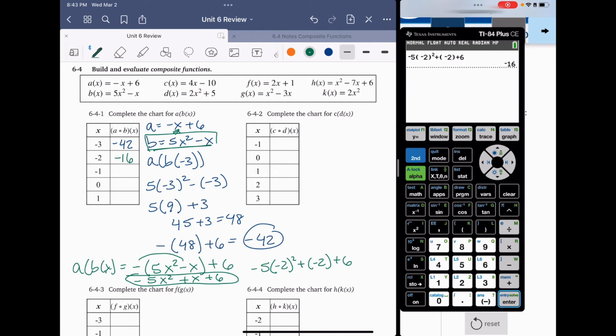The nice thing about the calculator is that we can reuse our work. If we hit up, and then hit up again, it will highlight our equation. We hit enter, and it re-enters it so we can edit it. We scroll over, and where we had negative 2, I'm going to highlight the negative sign and delete it so there's no more negative, and then on top of the 2, I'm not going to delete the 2 because I want to use that same space.